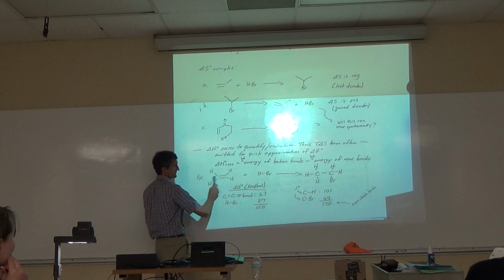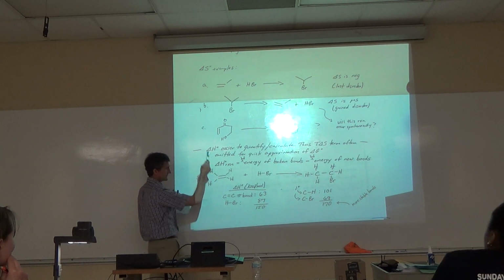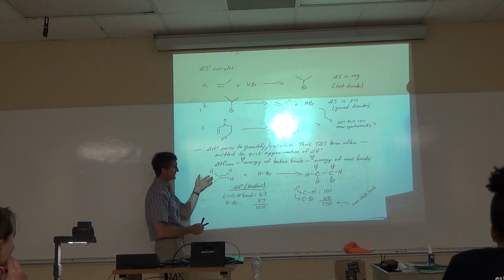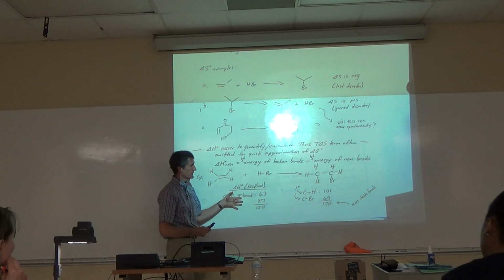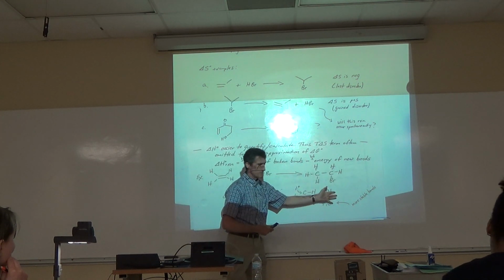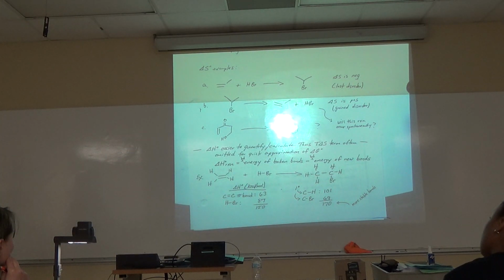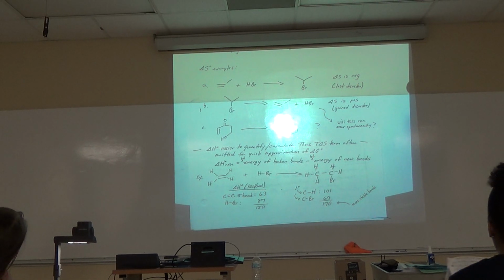There's no methyl here. So it's a slightly different alkene we've been showing before. Okay. What do we need to do here? We need to look at bonds broken. We need to look at bonds formed. And we need to do our calculations. Because the delta H equates to bond strengths. We need to see that.